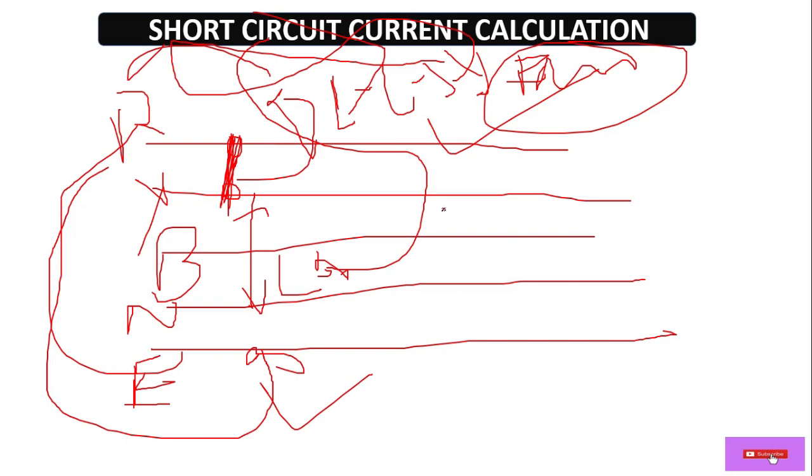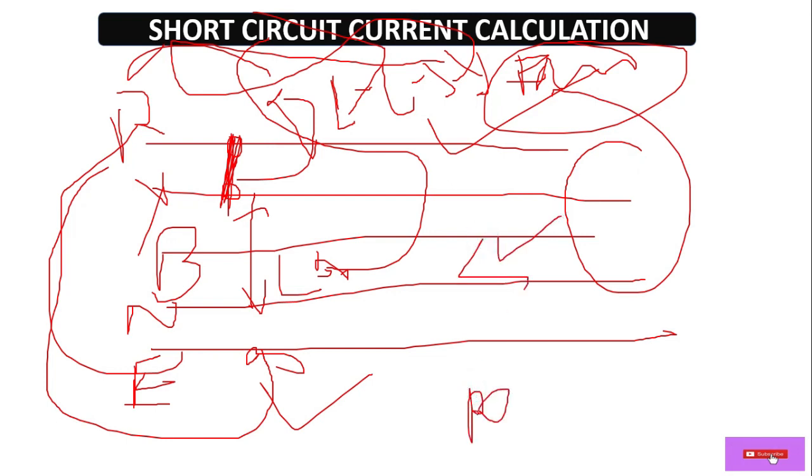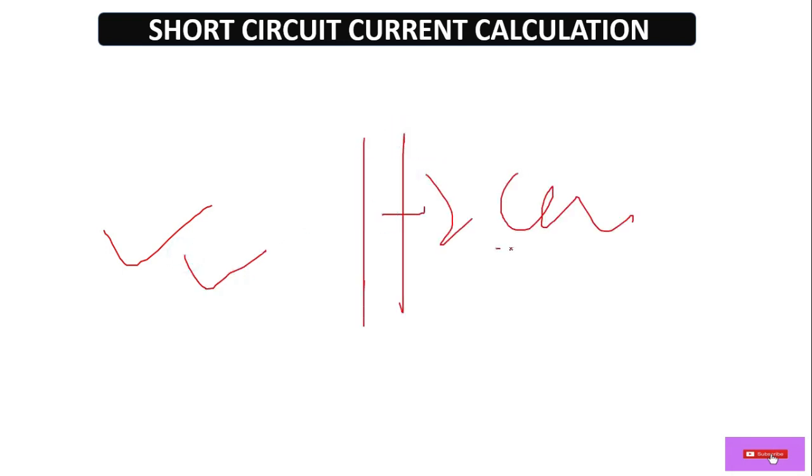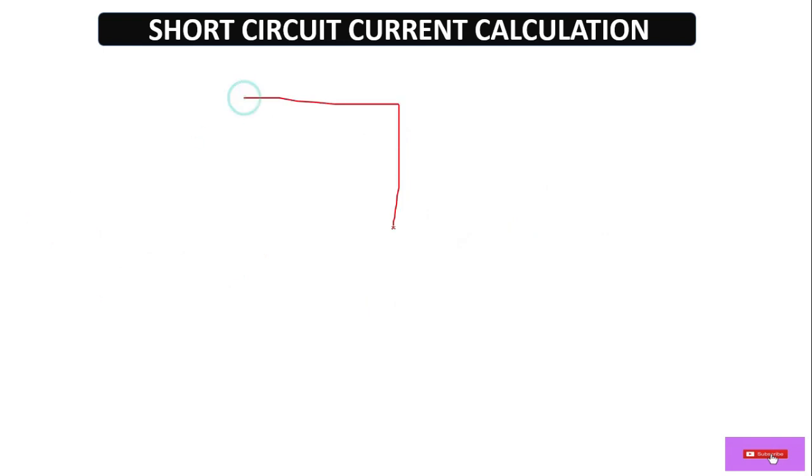This current is much higher as compared to the rated current. So during the selection of the cable, we need to consider whether the cable will withstand it for a certain period of time. This depends upon the breaker.